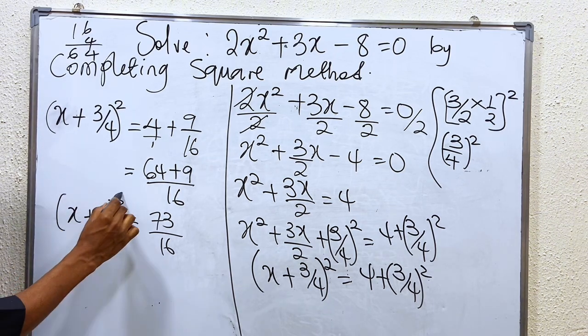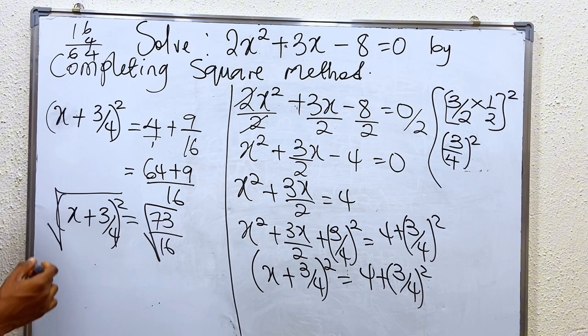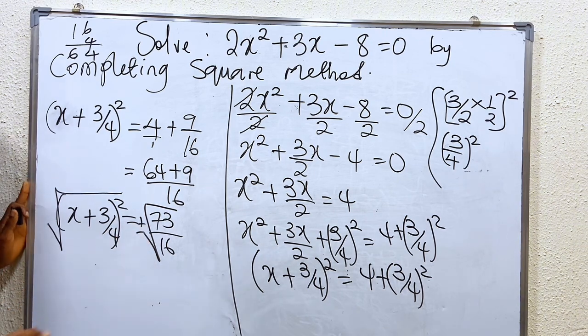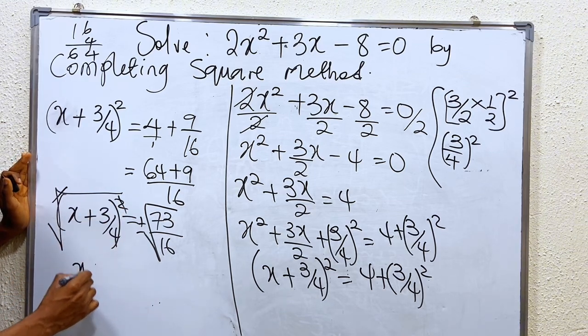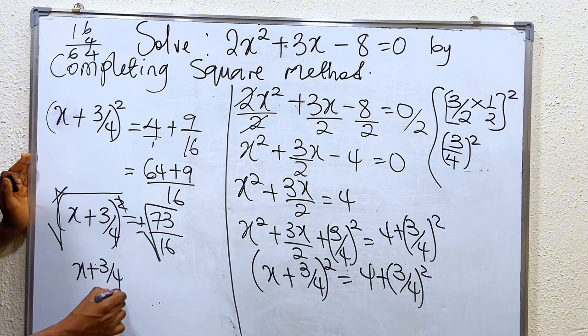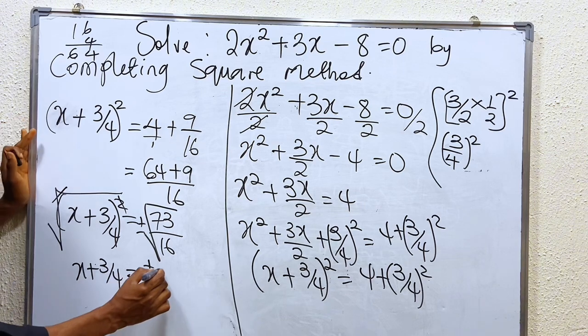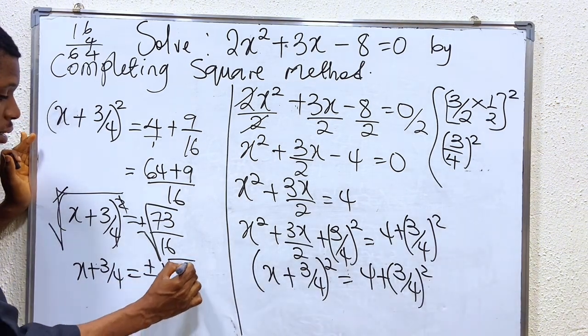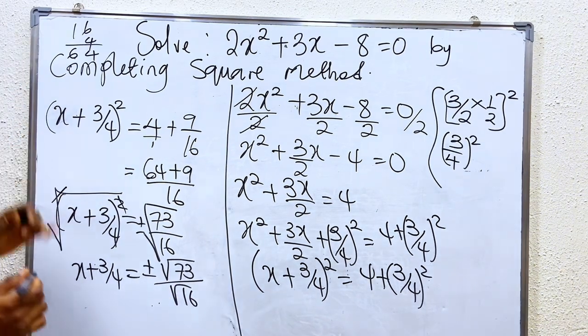The next thing is to take the square root of both sides. If you take the square root of both sides, this gives positive and negative values of x. The square and the square root cancel out. You have x plus 3 over 4 is equal to plus or minus the square root of 73 over the square root of 16.